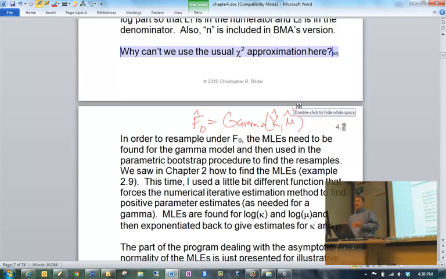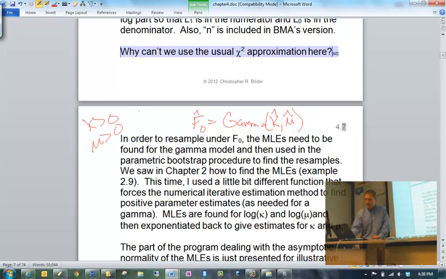Now we saw in chapter 2 how to find MLEs for a gamma. We used the optim function, if you remember that. So there are no closed form expressions for the MLEs, so we're going to do that again. However, we run into a problem that often occurs, especially you see this more in simulation studies when you have so many data sets that you're trying to evaluate, in this case, to find maximum likelihood estimates.